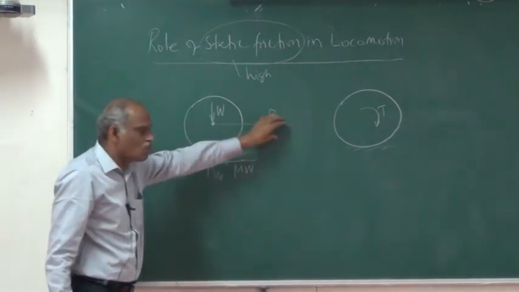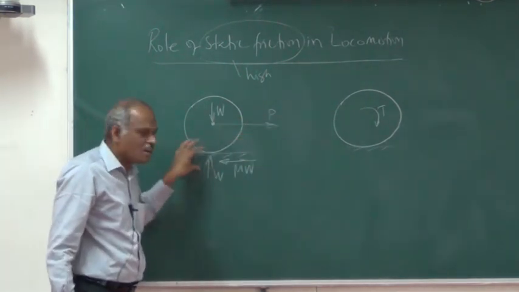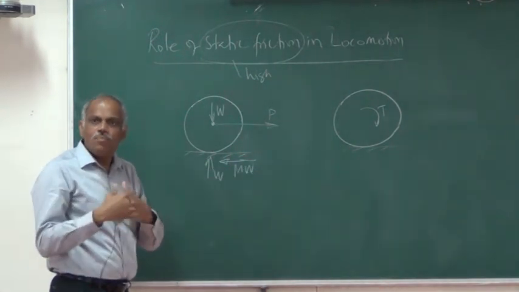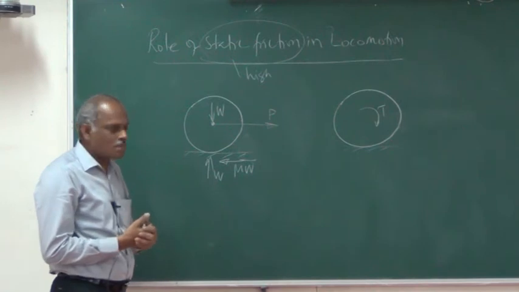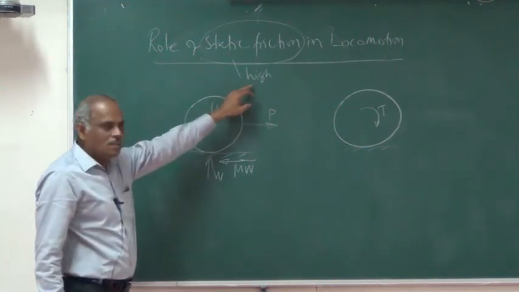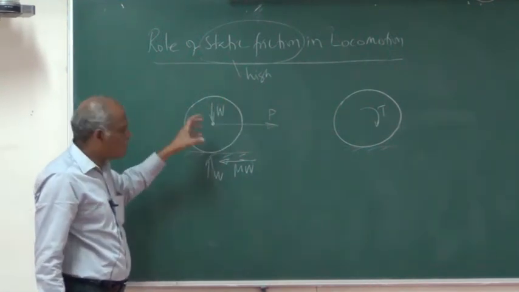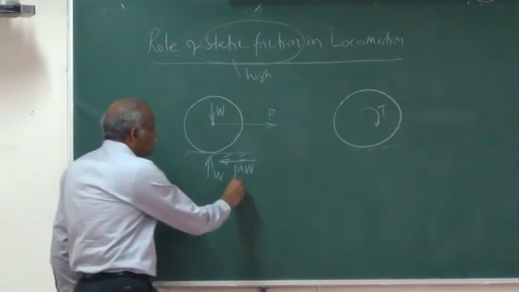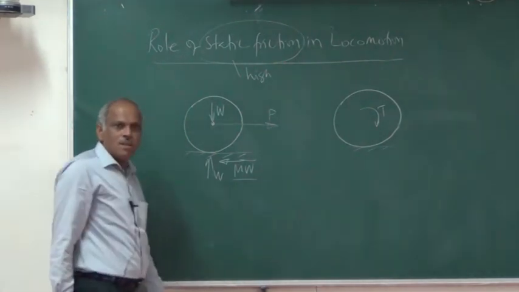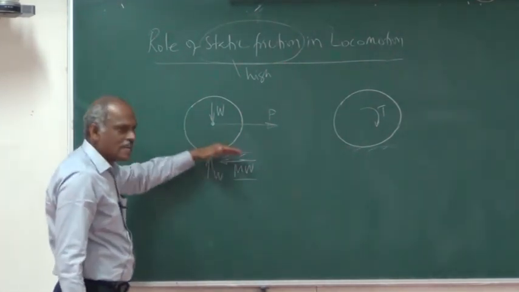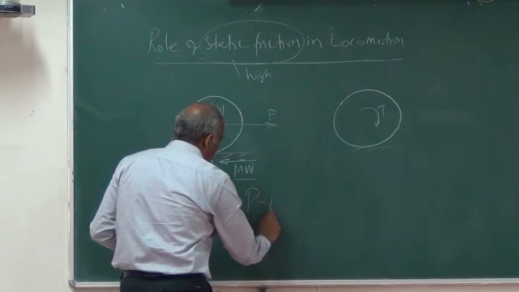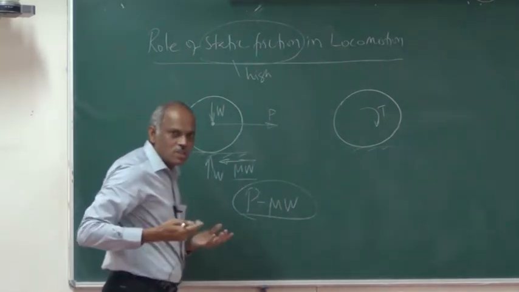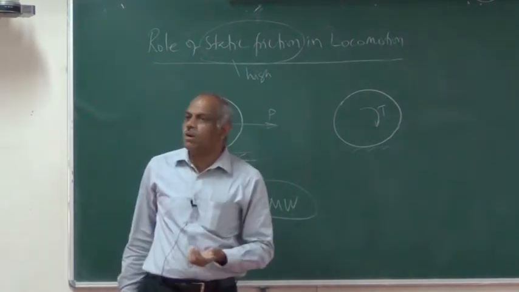So whatever force P you apply here will enable the sliding, and sliding creates energy loss. Whereas if static friction is high enough, rolling will be permitted as we discussed. So this is important. What is the net force acting on it? It is P minus mu W. That is the net force acting on the wheel, which takes the wheel in the forward direction.